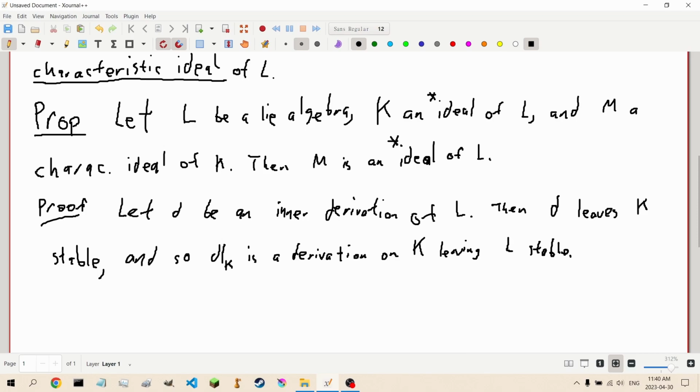And of course, in the other case where these are characteristic ideals, we can get rid of this word inner, and we have a proof for the case of characteristic ideals.